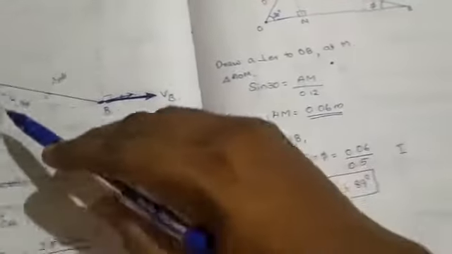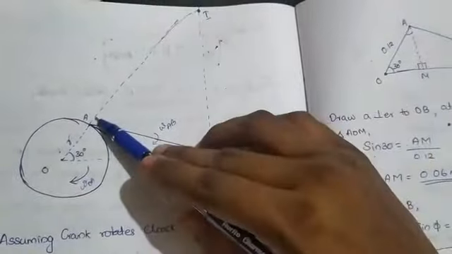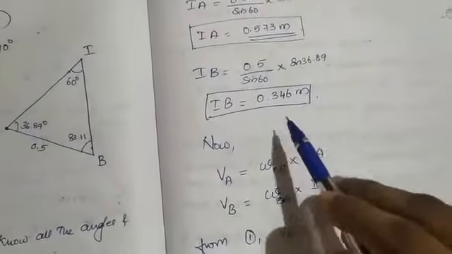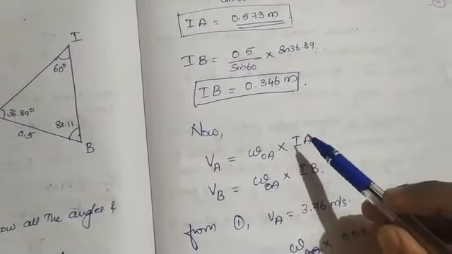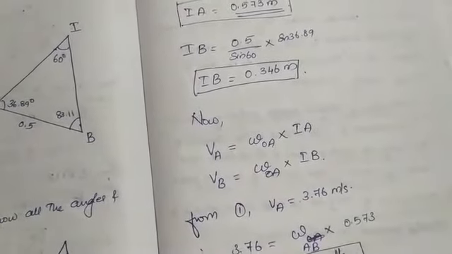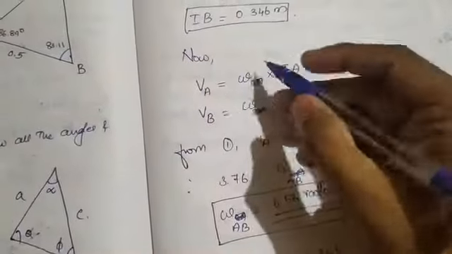Now I'll recollect this velocity VA. This velocity VA is nothing but IA into omega of AB. There is a small mistake here.